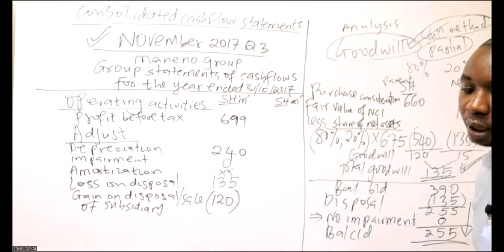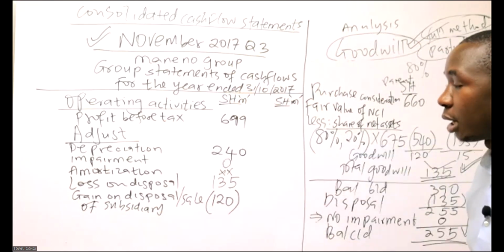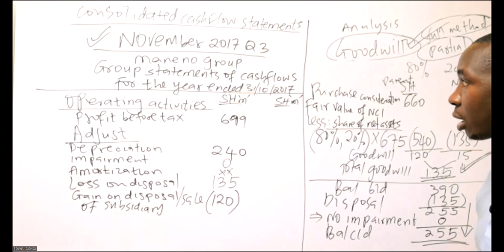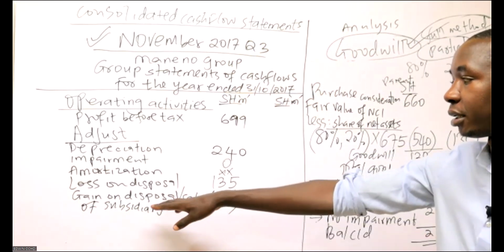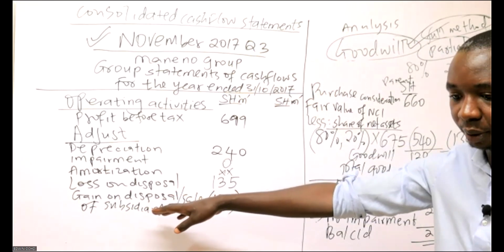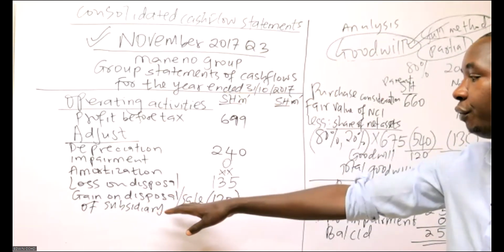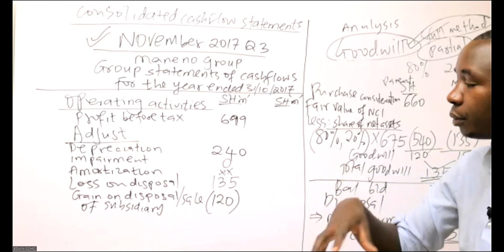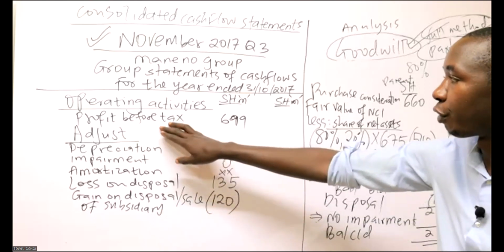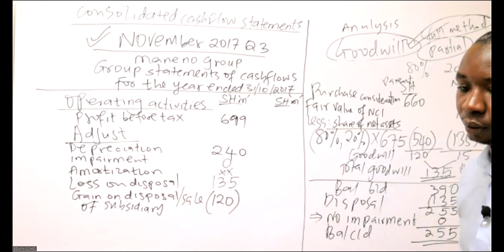Now, other items in the income statement which are supposed to be adjusted against the profit before tax are these ones. You go back to your income statement. Already we are in the income statement because I've started picking some items from it. So go back again to the income statement, the one provided in the question, go to the point of profit before tax.